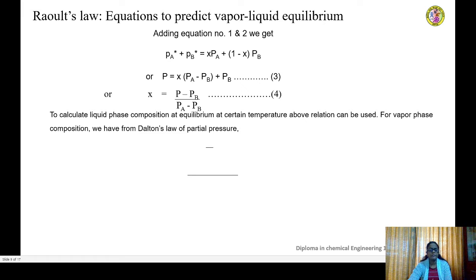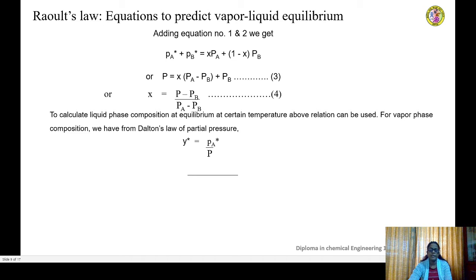Now for the vapor phase composition, we have to use Dalton's law of partial pressure. That's because whenever a liquid mixture is behaving ideally, the vapor produced from it will also behave like an ideal gas. Okay, so we know that one statement of Dalton's law is like this: the mole fraction of a component is the ratio of partial pressure of that component to the total pressure.